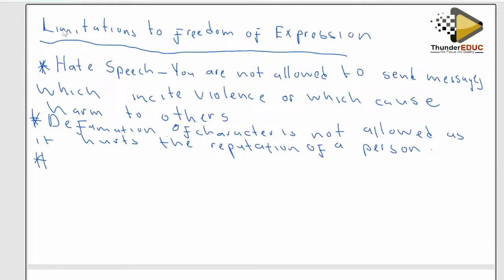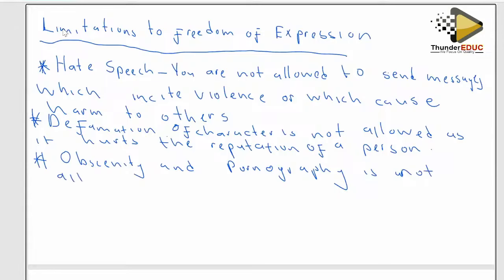Then in addition to that, the use of obscene pictures, obscenity and pornography is not allowed to be posted or shared.